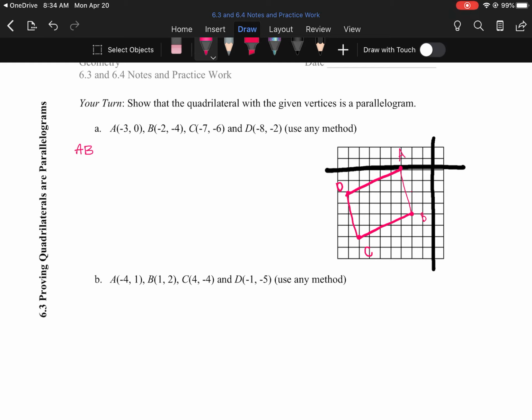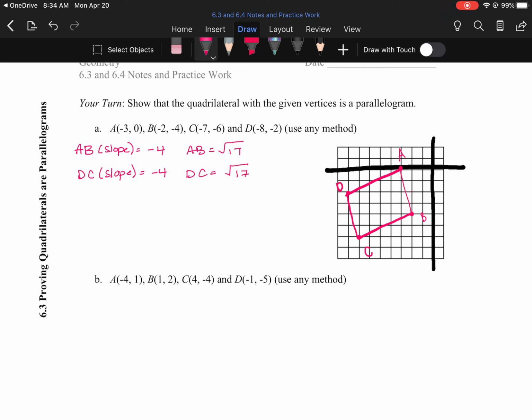So AB, this slope is -4. The length of AB is the square root of 17. If you did DC, the slope, that's -4, and the length of D to C is also the square root of 17.